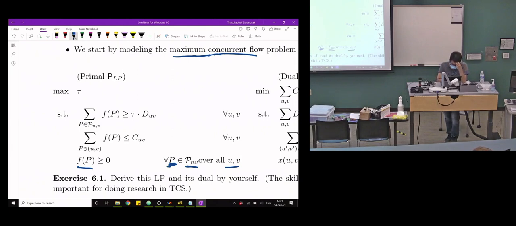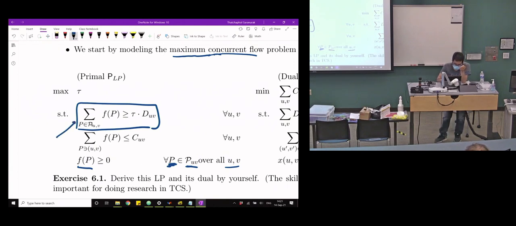Okay, and what we want to say is that first of all, it should at least satisfy the demand. Actually, it should be equal, but if it is not equal, you can just write it like at least, because in the optimal value version you will have equality anyway. So what does it say? It says that the total flow value from u to v is at least tau times the demand, right?